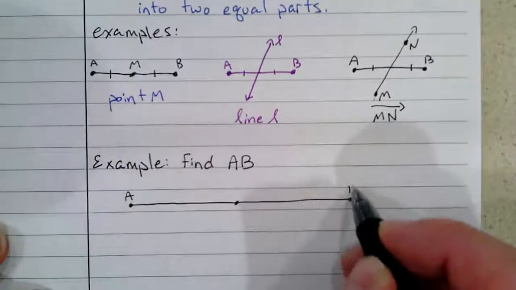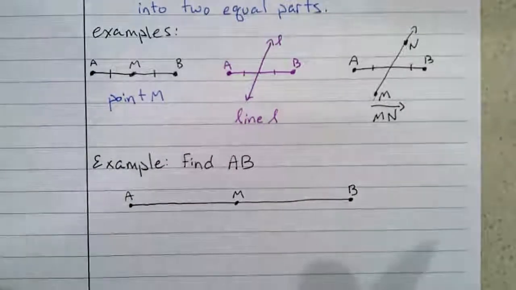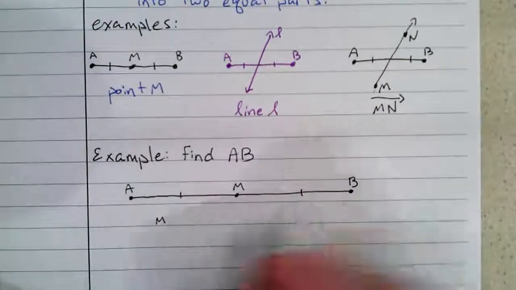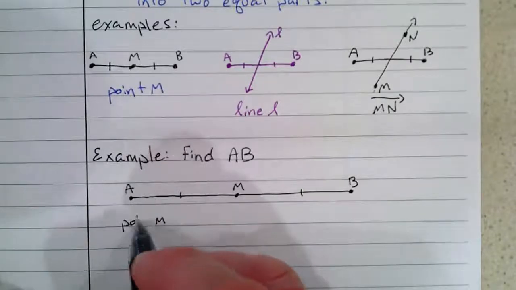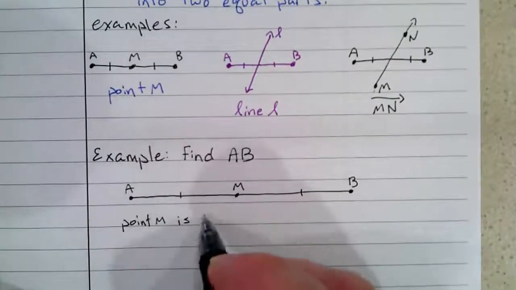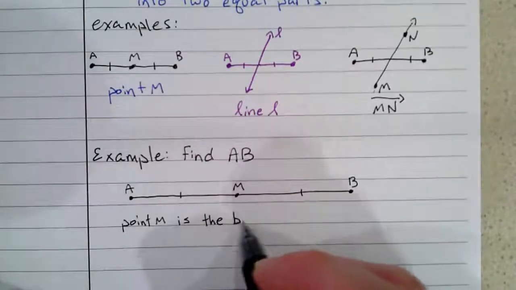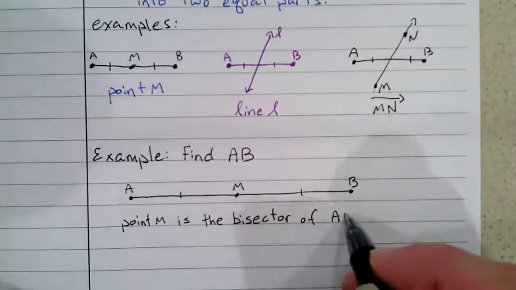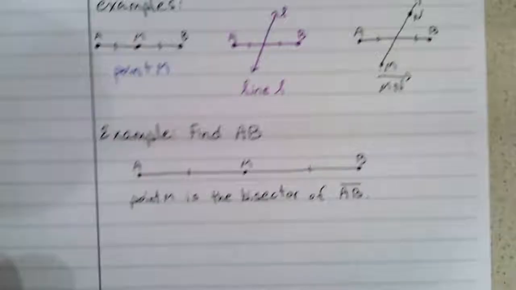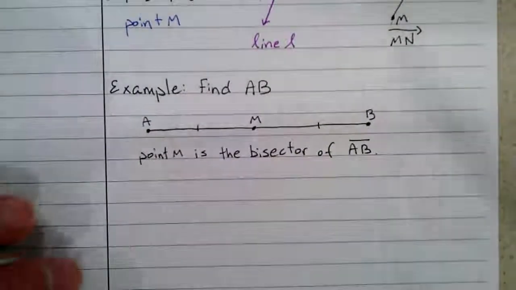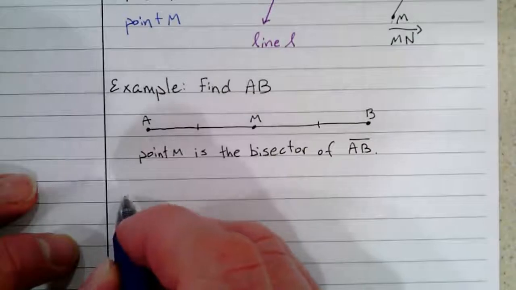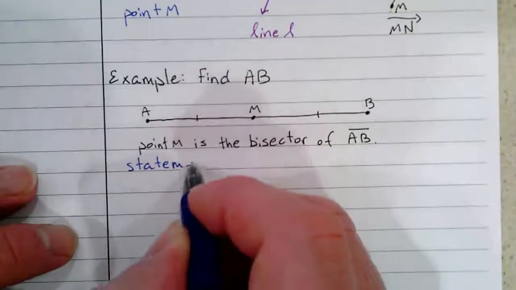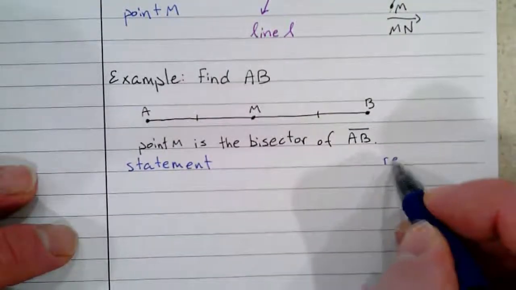We've got A, got B, point M in the middle. We'll say point M is the bisector of segment AB. Then I'll have some statements and my reasons for knowing those things.